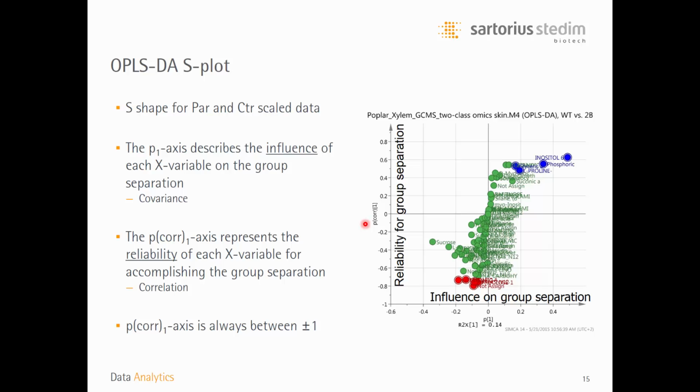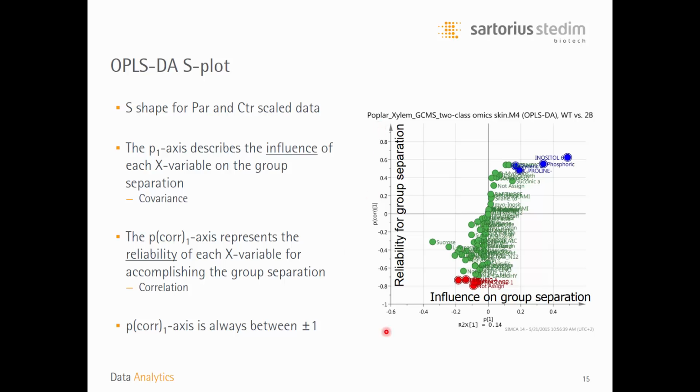And that information is possible to extract because the correlation scaled loading will be witnessing about the correlation, not the covariance, but the correlation between the original x variables and the predictive score vector t1. And we can also see that because we are correlation scaling the loading p1, the numerical range will be between -1 and +1.